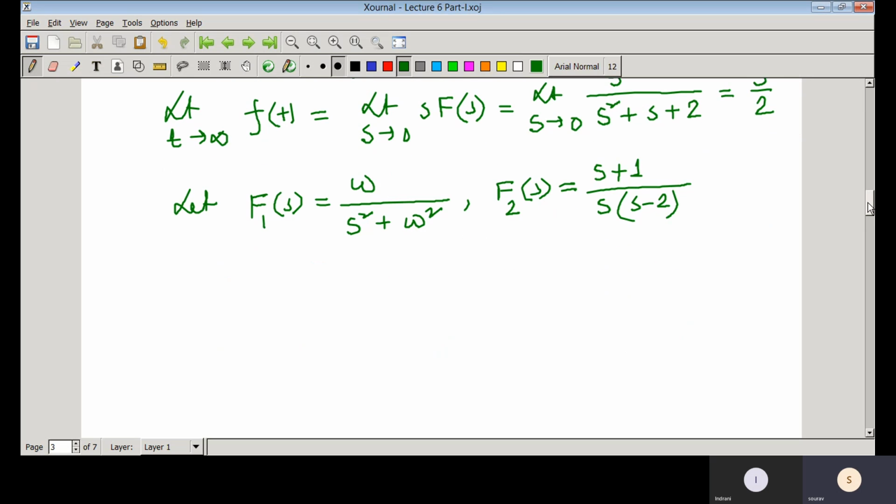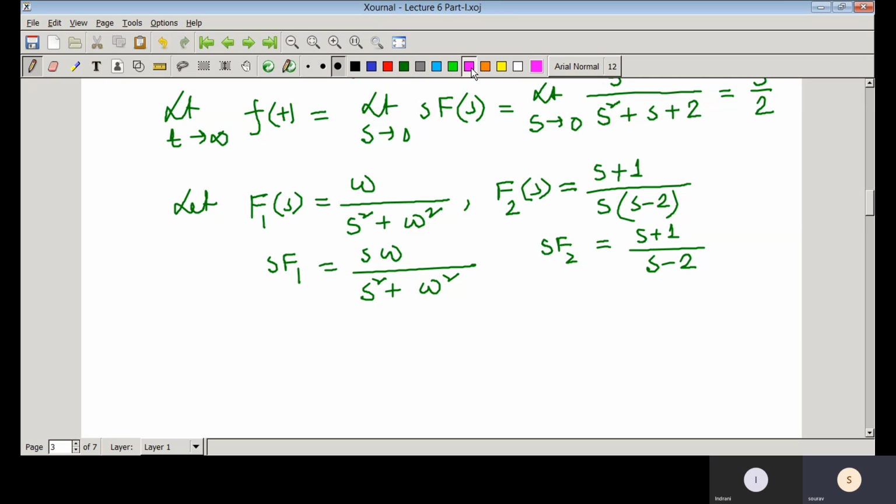So in this case, in both the cases, if you find sF(s), sF1(s) would be s into omega divided by s square plus omega square, and sF2(s) is equal to (s plus 1) divided by (s minus 2).